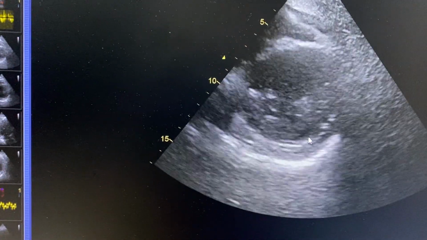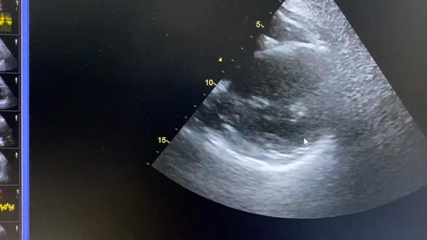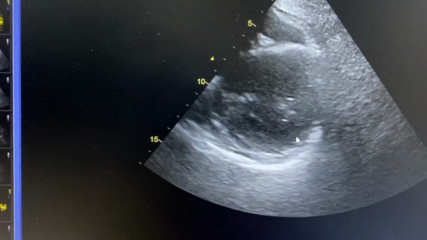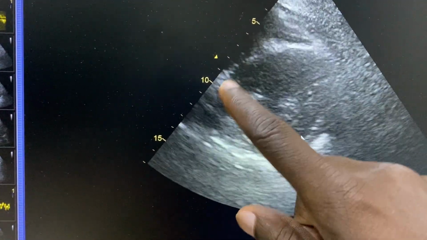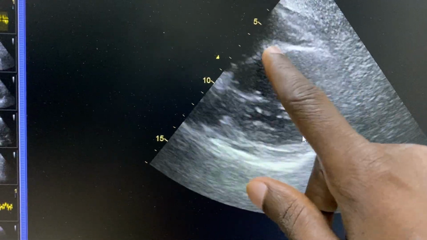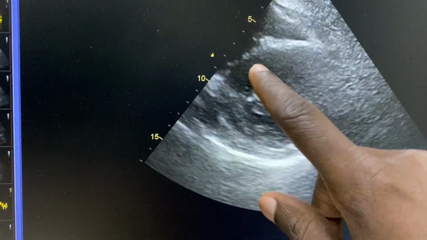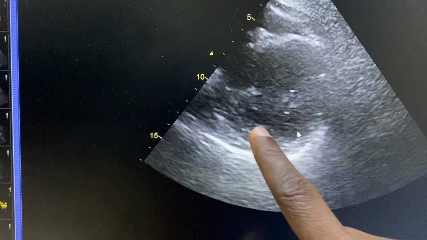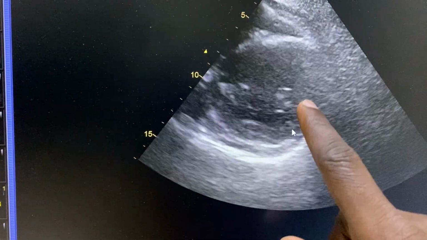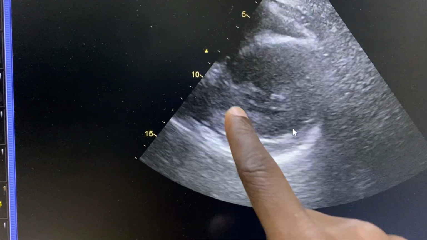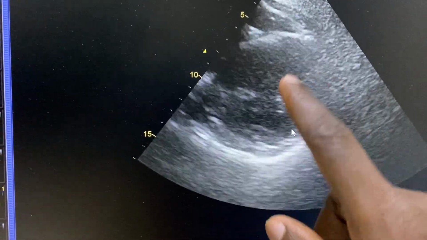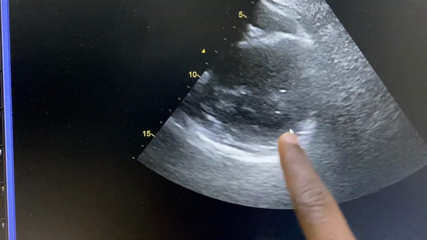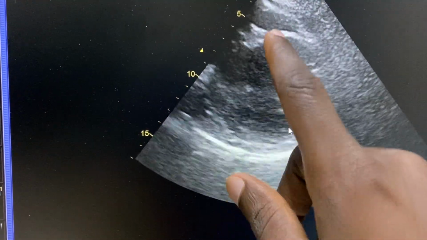And then here, this is the short axis, mid LV. This is mid LV, and now again check. It's not moving. Here it's not moving completely. Here it is hypokinetic, and then this side, the inferior wall and the posterolateral wall are moving very well. So this one is moving, this one is not moving.